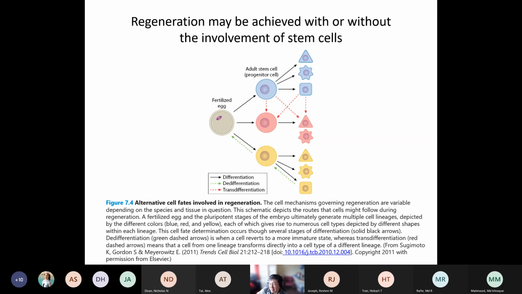There will be some cells left, not necessarily the main cells in that organ, but maybe some cells are left, and then maybe those cells left can go through a process called de-differentiation. By the term, you can appreciate de-differentiation means from a somatic cell to a stem cell. So the cells now change fate from a somatic cell toward a stem cell. They become a stem cell, and then that stem cell can differentiate toward the desired cell types to repair the damage.